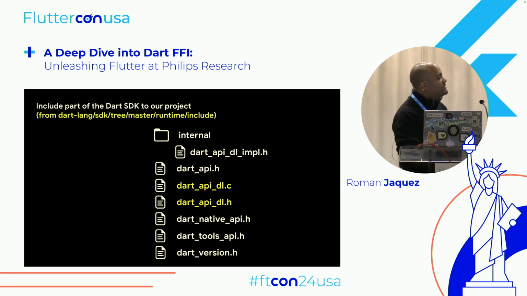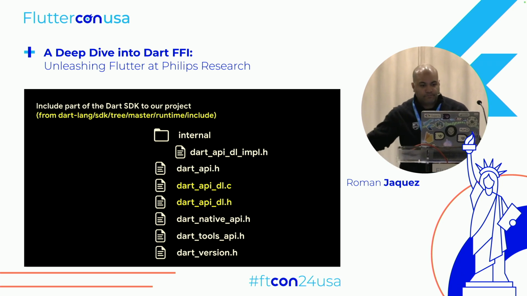These are the two you're going to pay attention to mostly: dart_api_dl.c and dart_api_dl.h, the C file and the header file. You actually grab the whole folder because you might want to tap into other capabilities, but these are the two main ones that you're going to be leveraging from your own code. And I'm going to show you how to do that.